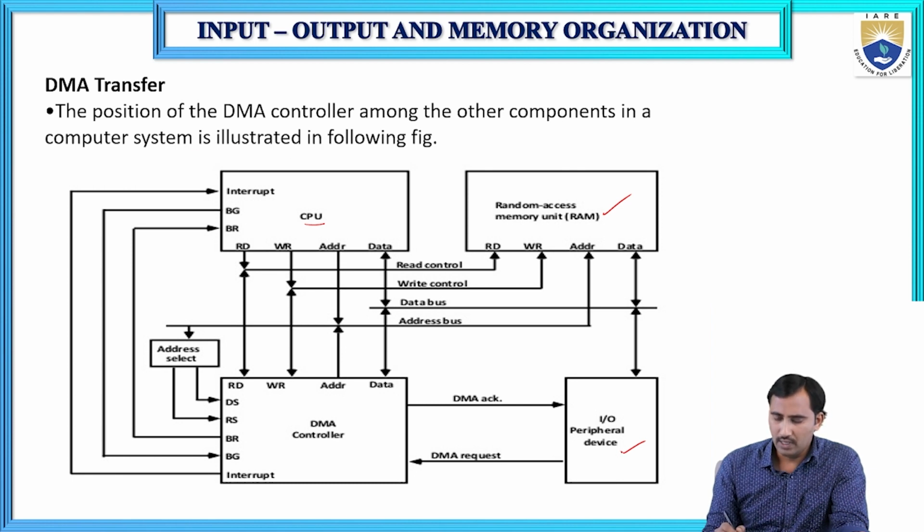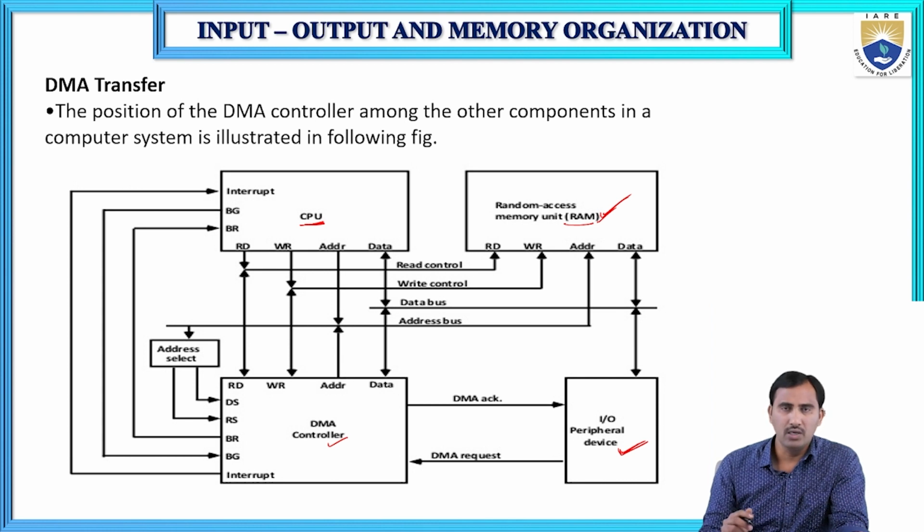We have IO peripheral devices, the DMA controller, the CPU, and the main memory RAM. So the IO device is transferring the data to the memory without involvement of the CPU. That technique is called direct memory access.